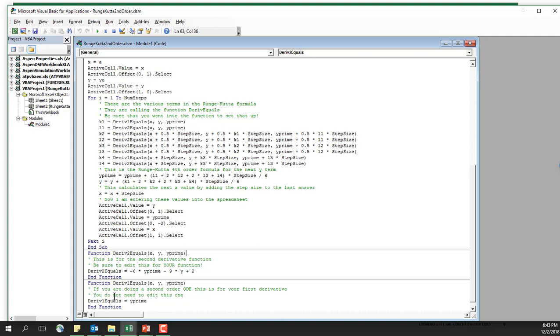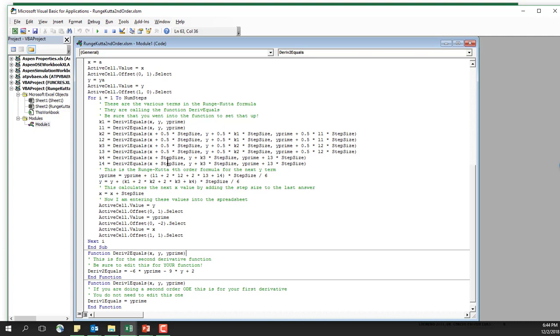So if you are doing second order differential equations, you don't need to change this one. This would be the only one that you change, and this is your function. The second derivative of y, or the derivative of z, is equal to this.